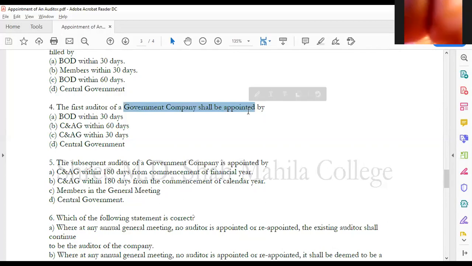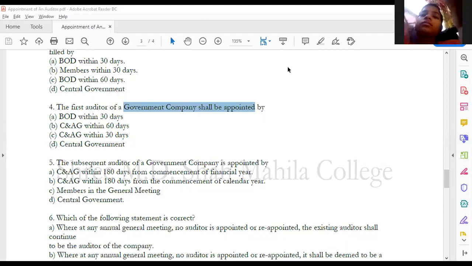Who can appoint the first auditor of a government company? Answer is D. Answer is not board of directors. Answer is central government.